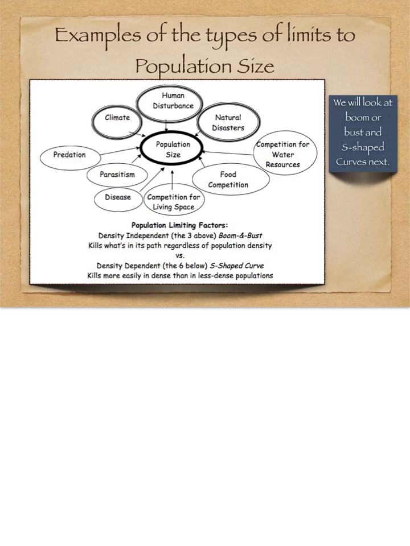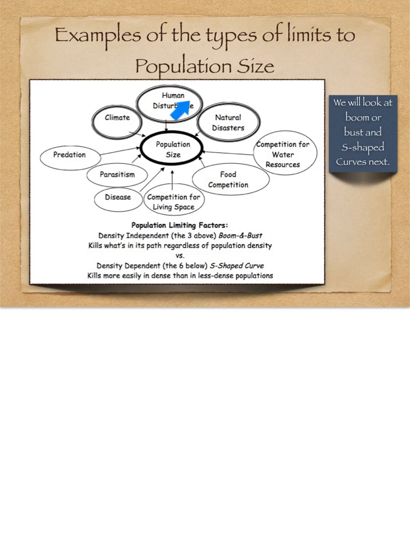Let's look at some of the things that are not dependent on population size, and some of the things that are dependent on population size, and that influence how much an ecosystem can hold, how many individuals an ecosystem can hold. So a population size can be impacted by human disturbance.